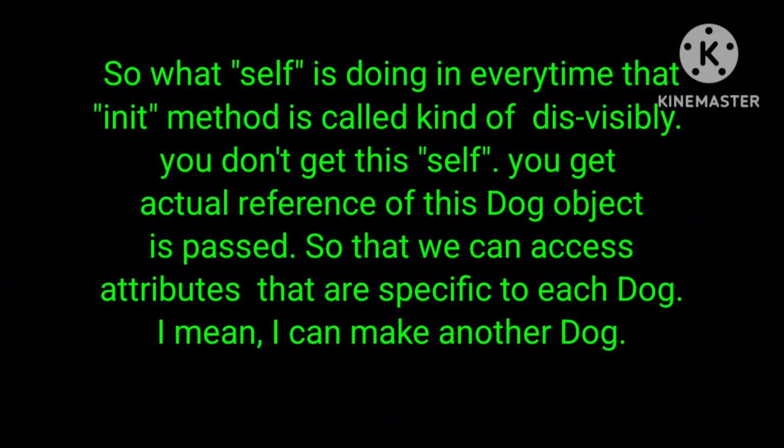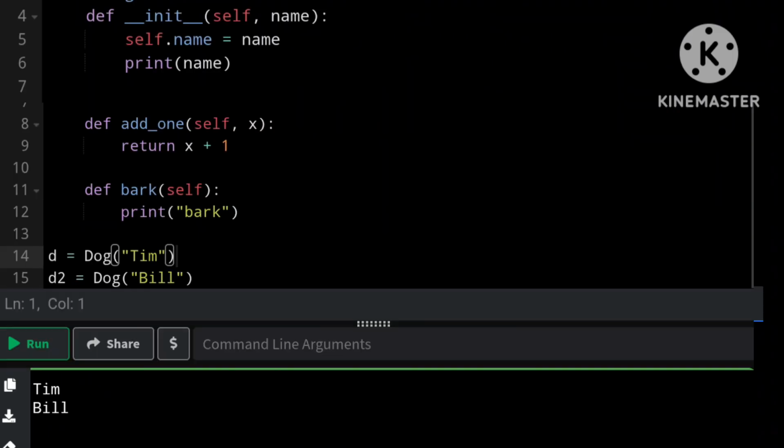And what I mean by that is I can make another dog. So maybe I say d2, which is another instance of the class Dog, except this time I name it Bill. And now we will do the print statement again. So we will print name just to show how this works.